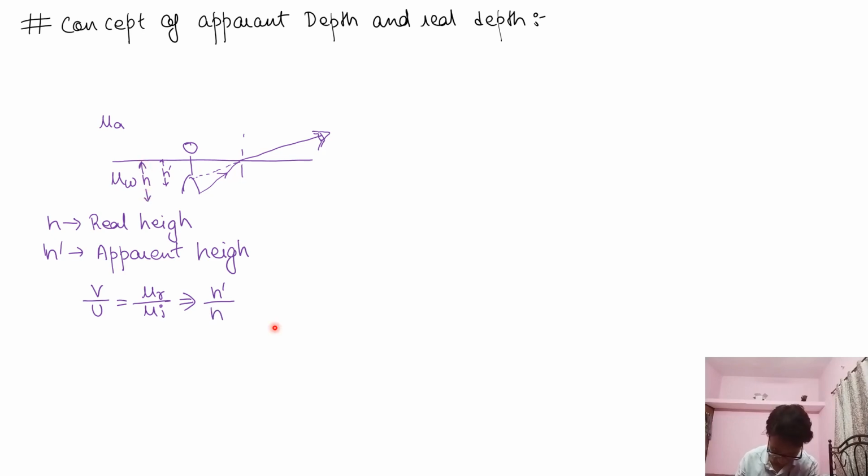This is equal to mu r, the medium containing the refracted ray, mu of air, divided by mu of the incident ray, mu of water. So apparent height by real height is equal to mu a by mu w.